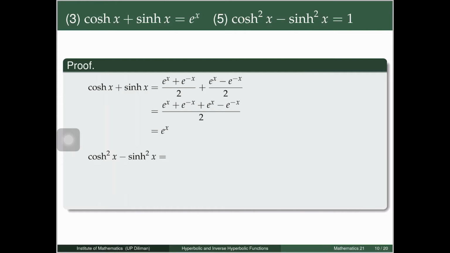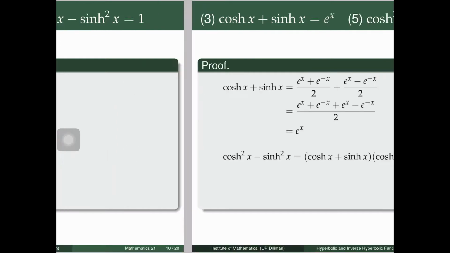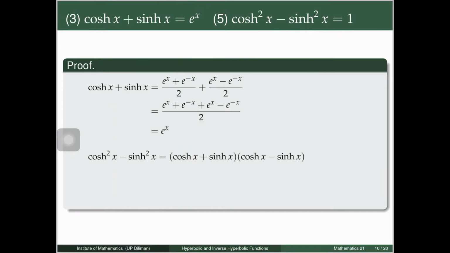And let's say you consider cosh squared x minus sinh squared x. I hope na recognize natin that this is a difference of two squares. So factoring it out, we get this. And assuming na prove na natin yung isa pang identity na ang cosh minus sinh ay e to the minus x, pwede na natin gamitin yon. So this is equal to 1.